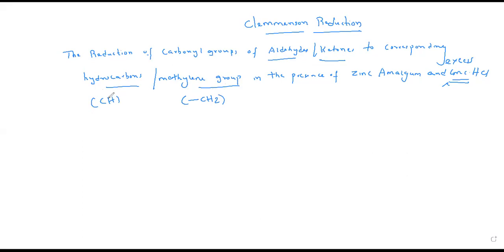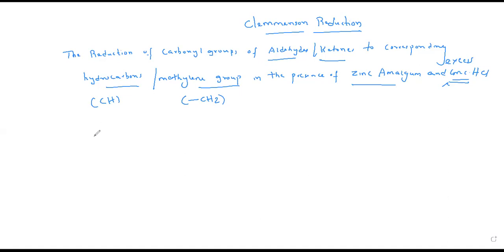That is a combination of carbon and hydrogen is nothing but your hydrocarbon, or methylene group CH2, in the presence of zinc amalgam and excess concentrated HCl. So you are going to convert a carbonyl group into a hydrocarbon or a methylene group. Such type of reaction, you can call it as Clemmensen reduction.